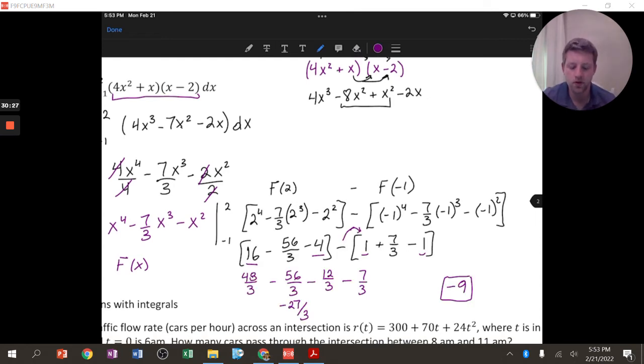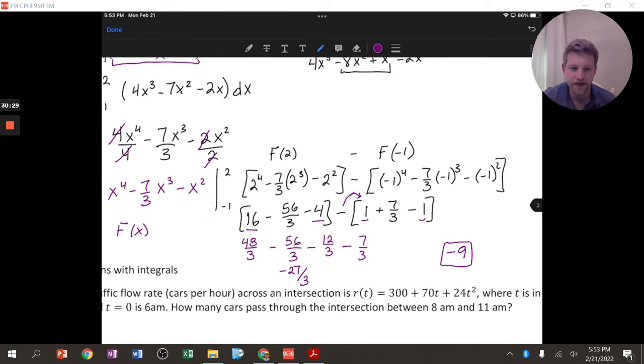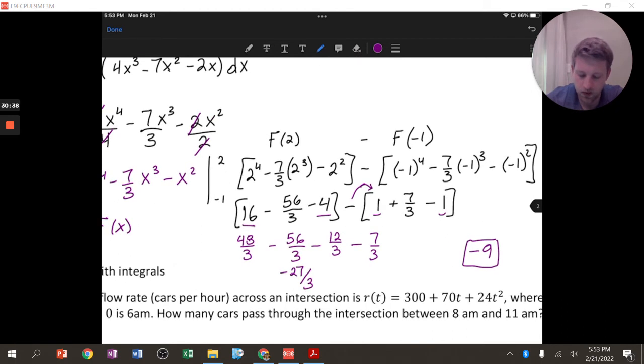Okay, so we should have a result here of -9 if we work this down by hand. So what I ended up doing is once we simplify this line once, we'll have 16 minus 56 over 3 minus 4, and then we'll subtract. The second bracket would have a 1 plus 7 over 3 and then minus 1.